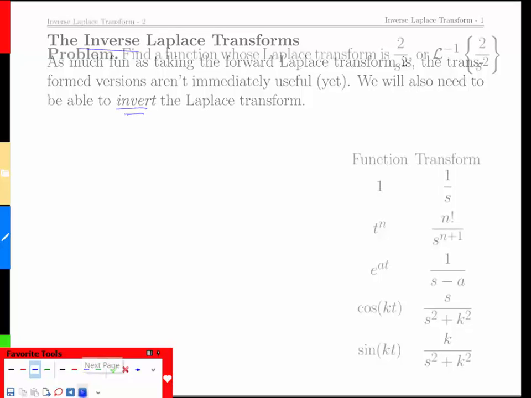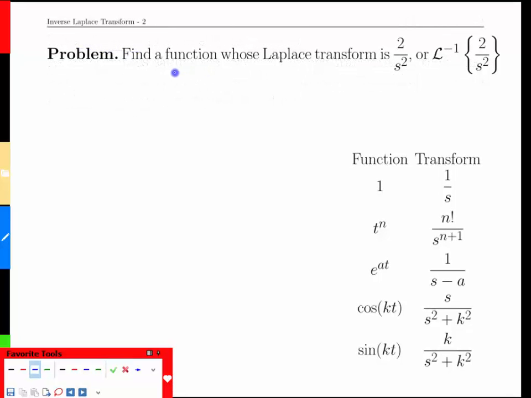For example, find a function whose Laplace transform is 2 over s squared, or notation-wise, L to the negative 1 is the inverse Laplace transform. And notice this only makes sense, there's some really good guidelines here.